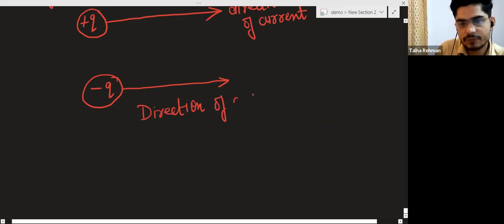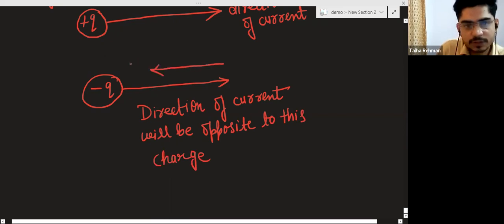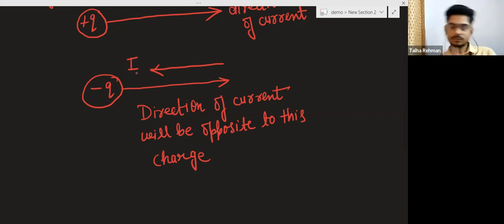So this charge is moving in this direction, so the direction of current should be in this direction. This is I. I is current. I will represent current with capital I.